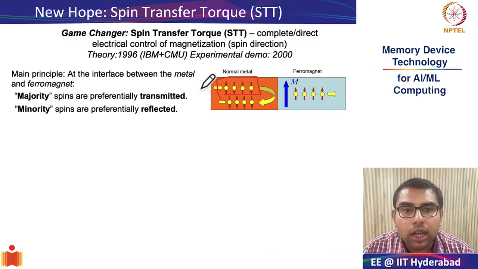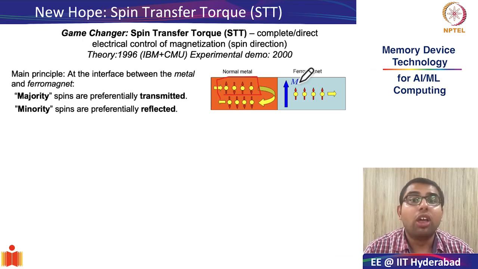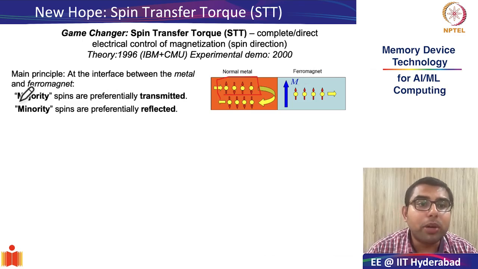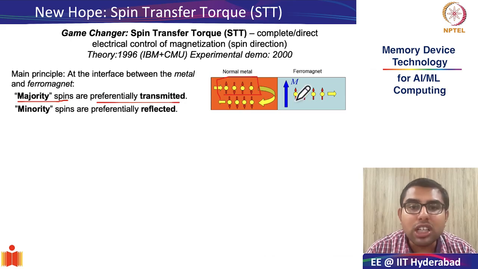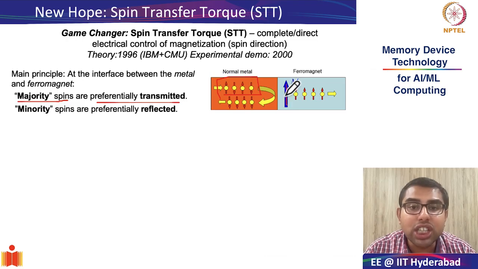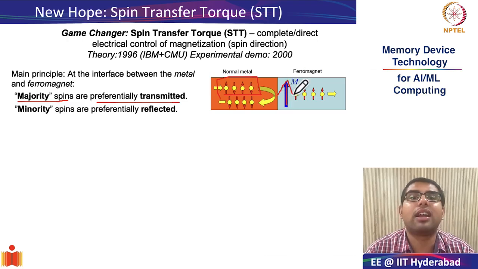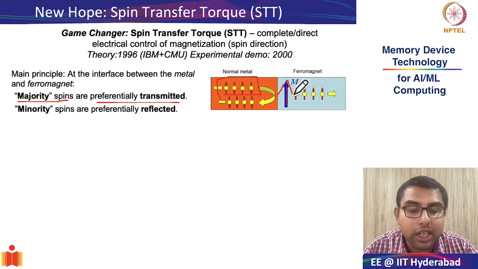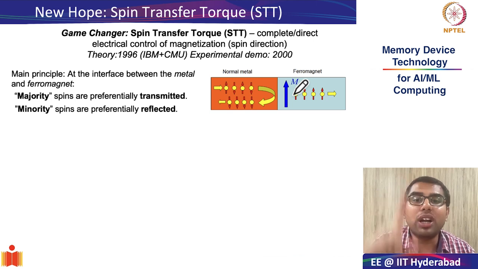So a charge current is trying to enter from a normal metal to a ferromagnetic metal. What happens is that the majority spins are preferentially transmitted. What is majority spin? The spin which has the same alignment as the magnetization of your ferromagnetic layer. The ferromagnetic layer here has spin in the upward direction.